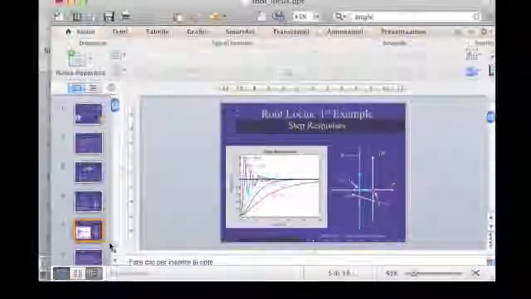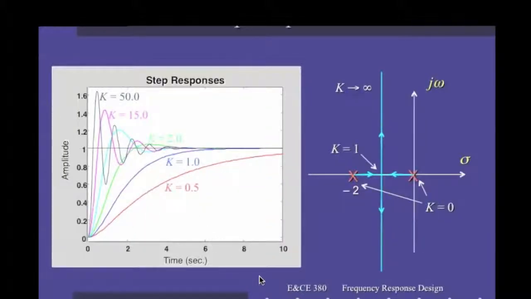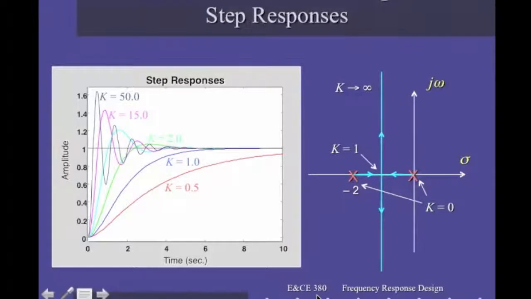So we may consider this as a first example, the step response of a system in the closed loop configuration. The shape of the response is different, moving from a monotone, continuously increasing curve up to a fast oscillating, but finally steady state approaching curve.